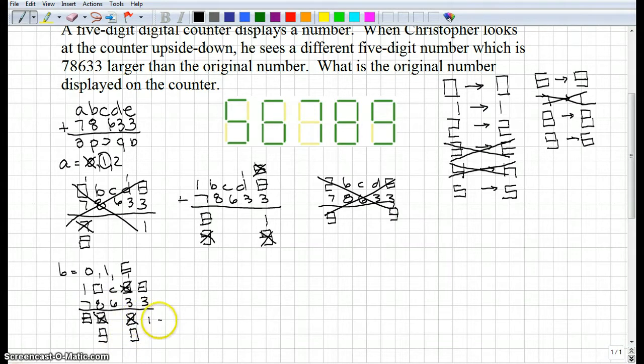All right, so let's look at the case where B is 1. So we'd have 1, 1, C. I'm going to leave this blank, and then I'll put the 8. All right, because that's what we know so far. 7, 8, 6, 3, 3. Add that up. This is a 1, carry the 1.